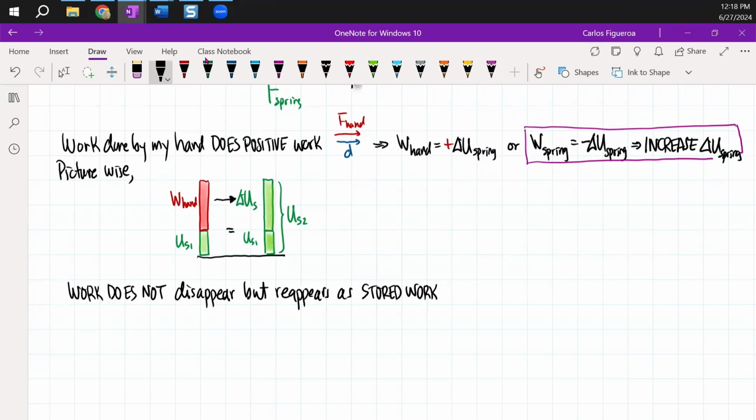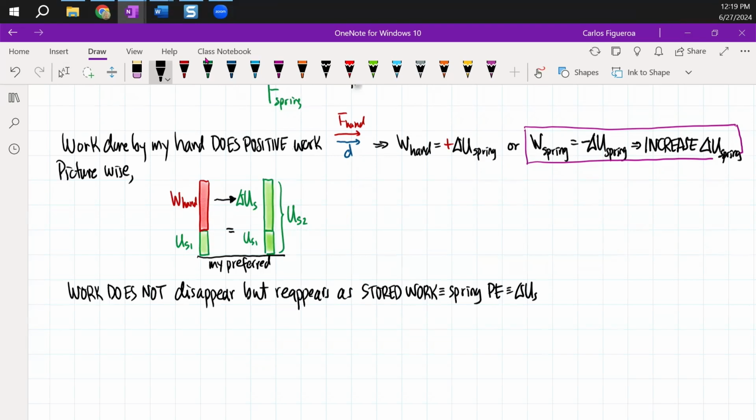And that stored work is what we define as the spring potential energy. And in this case, we're talking about this here. That's what that means. This is my preferred picture.